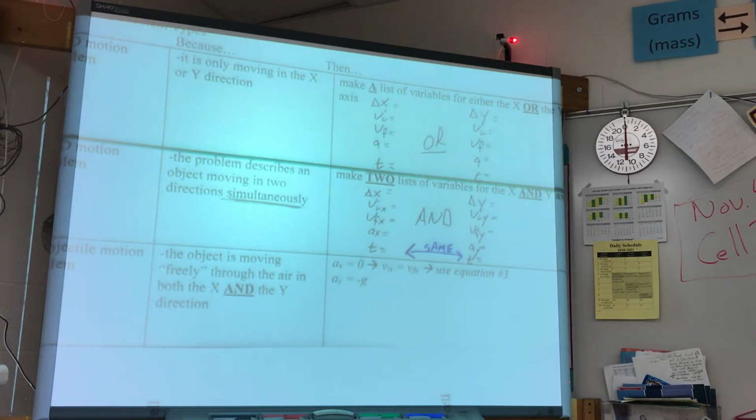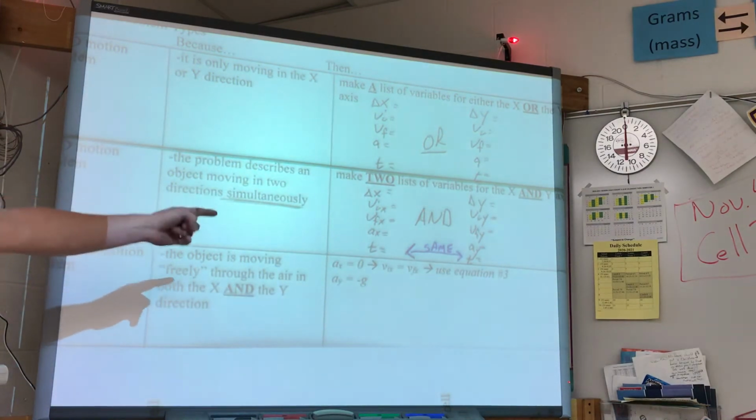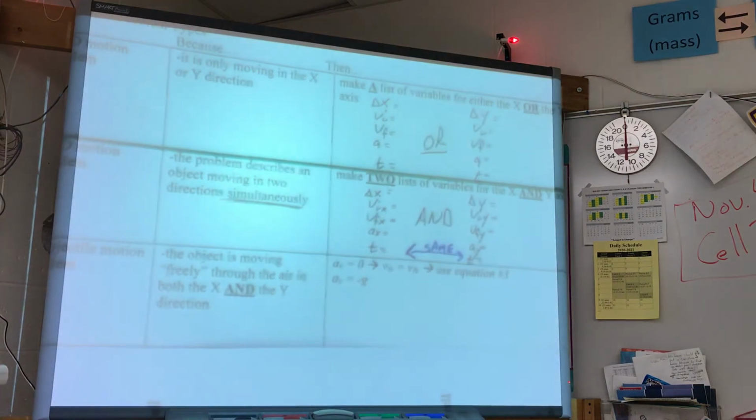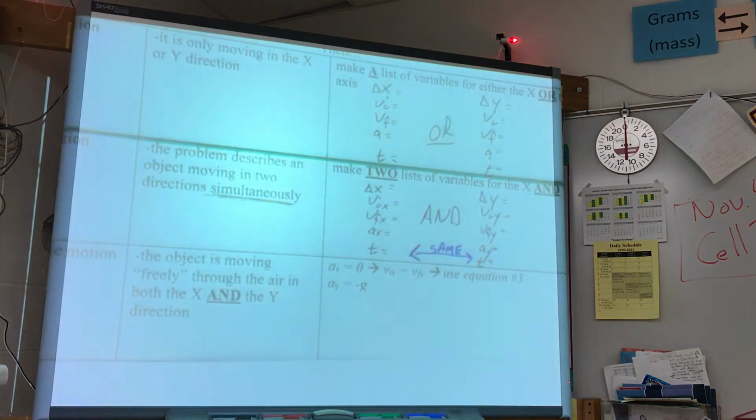So it's a projectile motion problem if, so this says projectile motion problem, okay, I'm just trying to get it big enough that we can kind of see something. We know it's projectile motion because the object is moving freely through the air in both the x and the y direction.